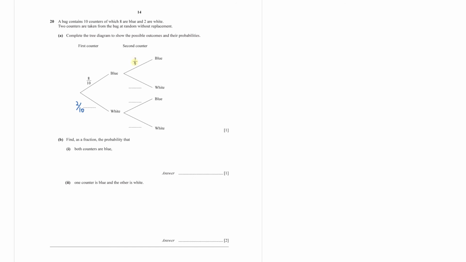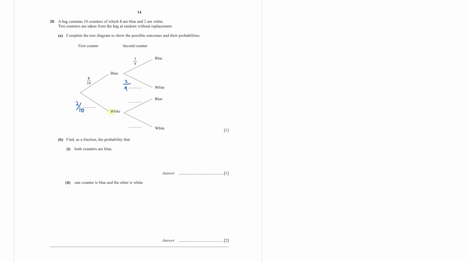If you pick the first one as blue, the probability of getting the second one as white would be 2 over 9, because there are still 2 whites remaining. Remember, there were a total of 2 whites, and the first one you picked was blue. So you have 2 whites out of 9 in the bag, a probability of 2 by 9.